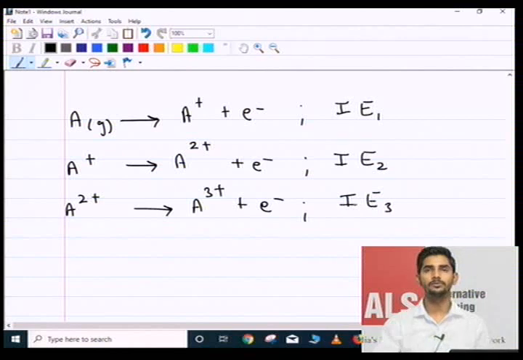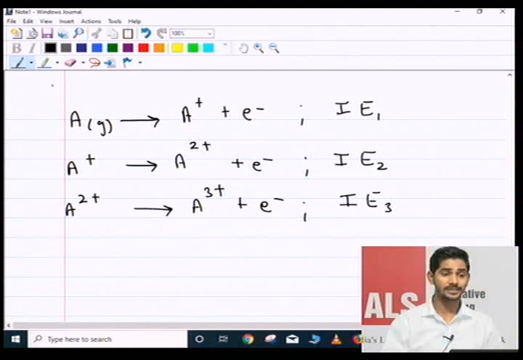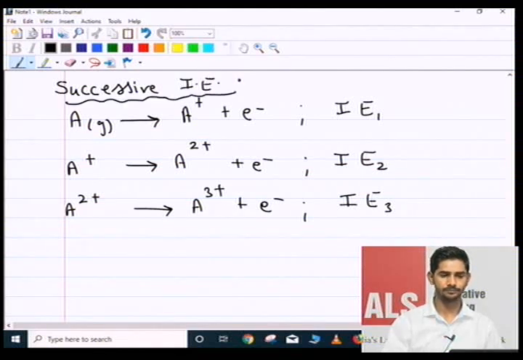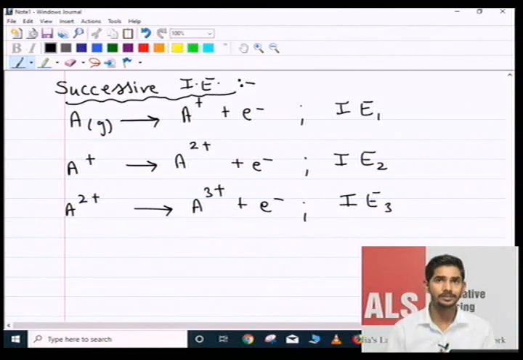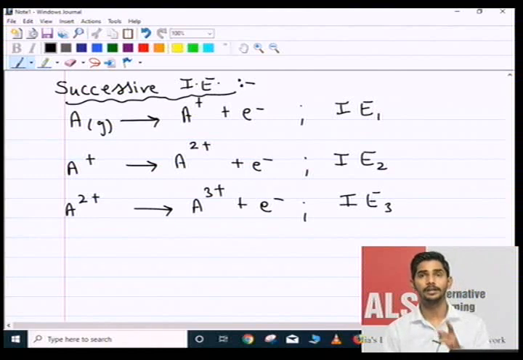Ultimately, if I am removing electrons from the same species again and again, this is known as the successive ionization energy, or successive ionization enthalpy. First of all, clear the meaning of successive: the word successive is used only when we remove the electron from the same species again and again.